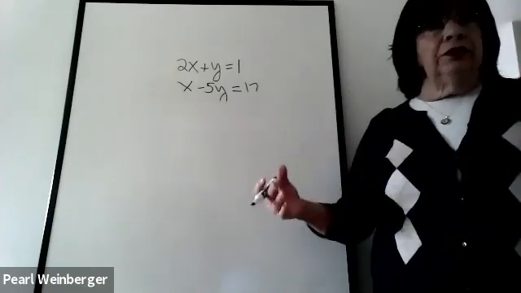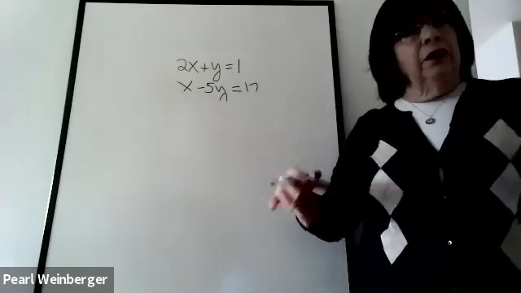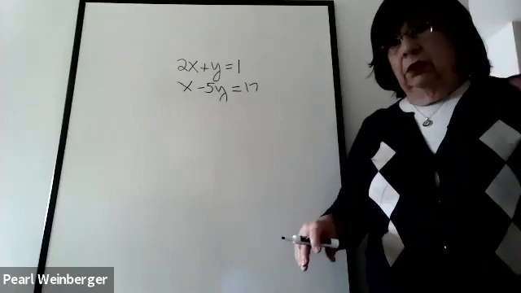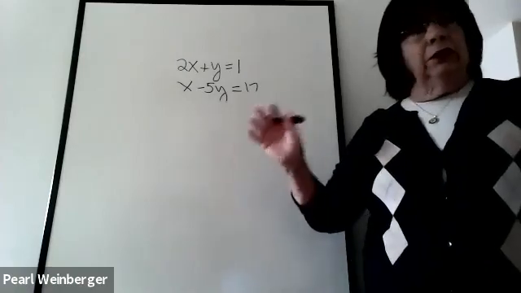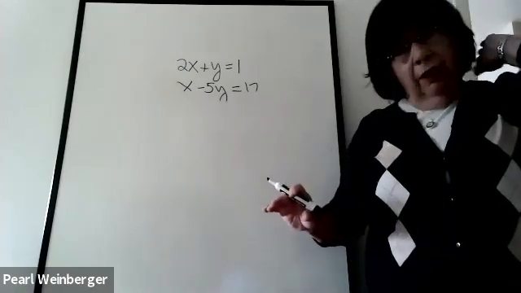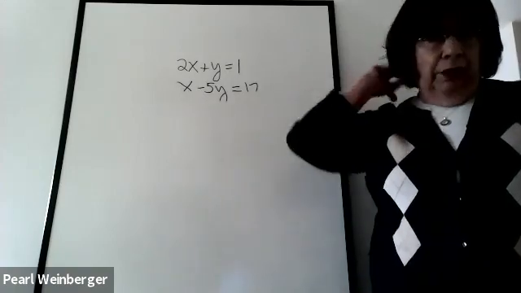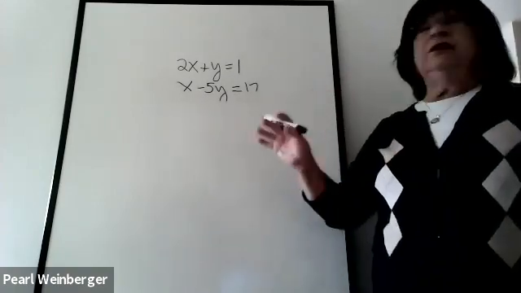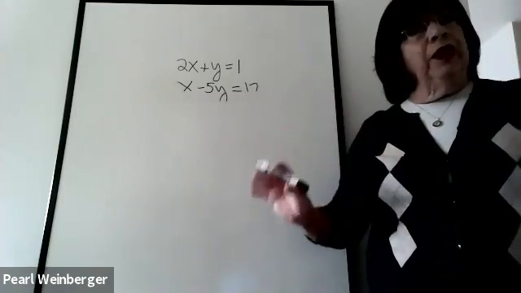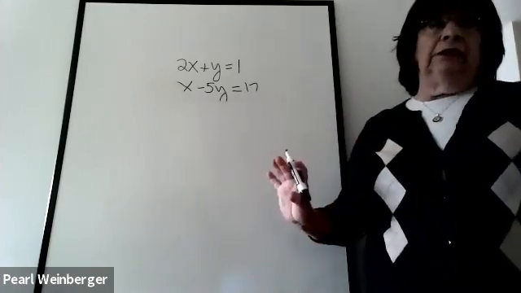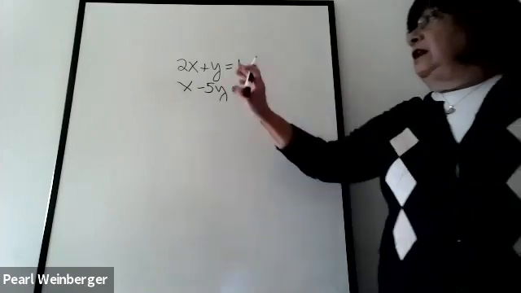So let's just decide which variable we'd like to eliminate. And we could do this arbitrarily. You can pick, I want to eliminate the x's, I want to eliminate the y's. Let's today decide that we want to get rid of the x's.